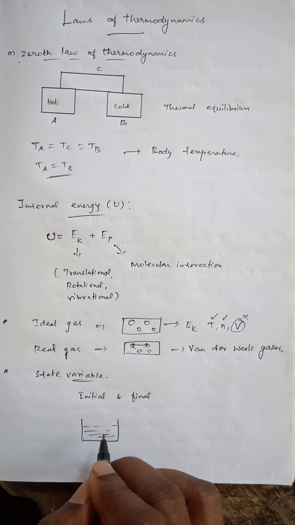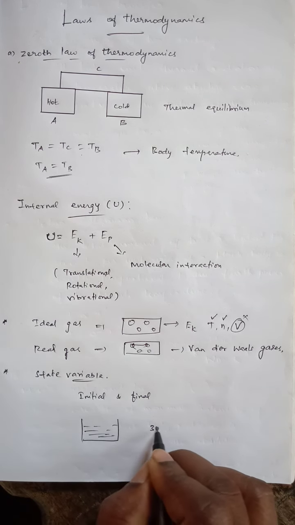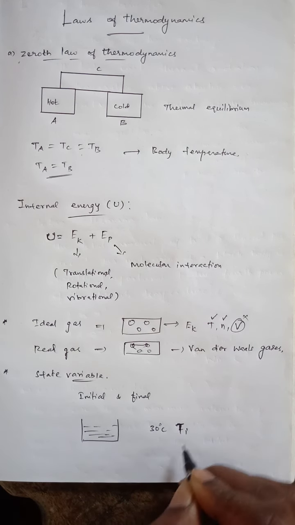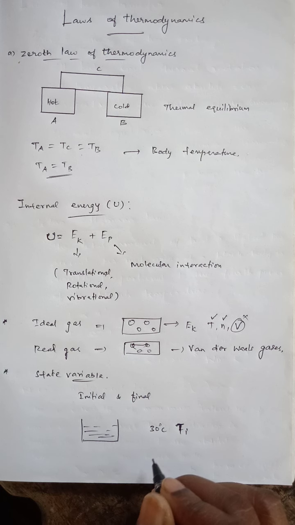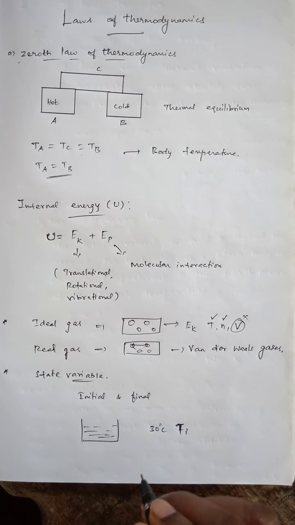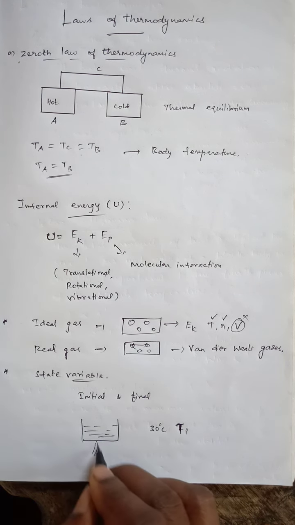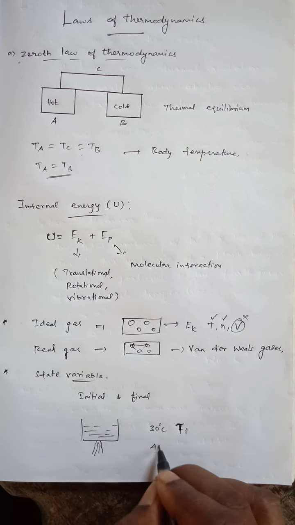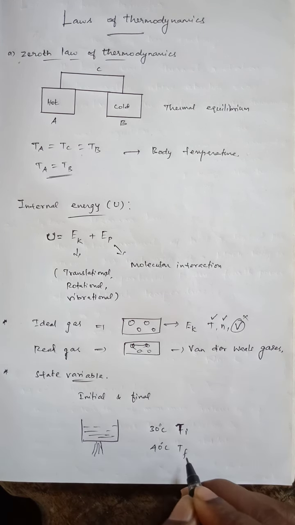We measure the temperature with a thermometer, say 30 degrees Celsius initially. This is called the initial temperature. Then it is raised by heating, which means the temperature of the water rises, and becomes 40 degrees Celsius. This is the final temperature.